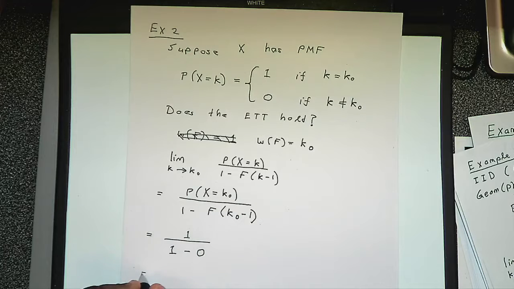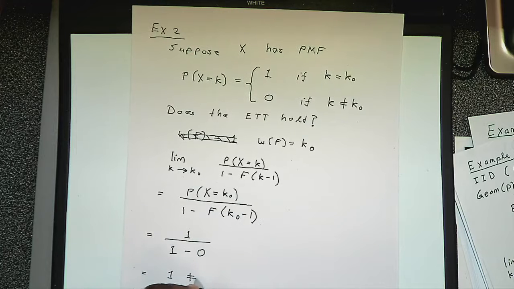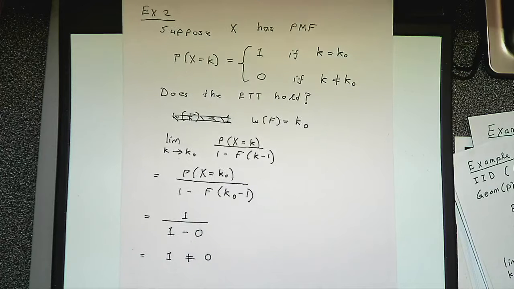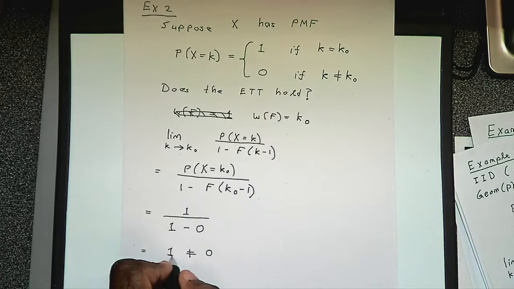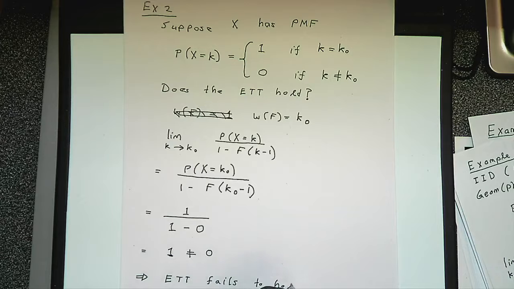So this is 1, which means the ETT fails to hold, right?